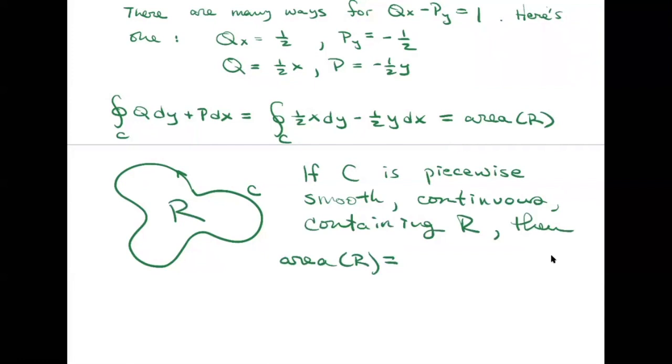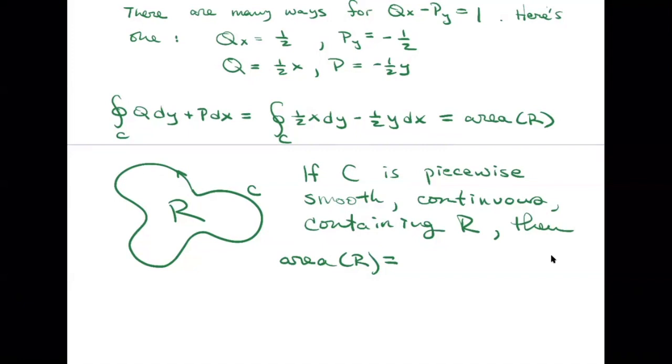So if you think about it, you've done a lot of areas of things with single integrals, but they've always been shaped where it was between a bottom curve and a top curve, basically.